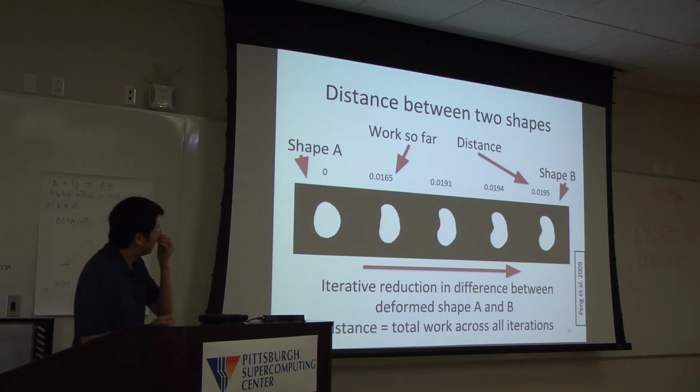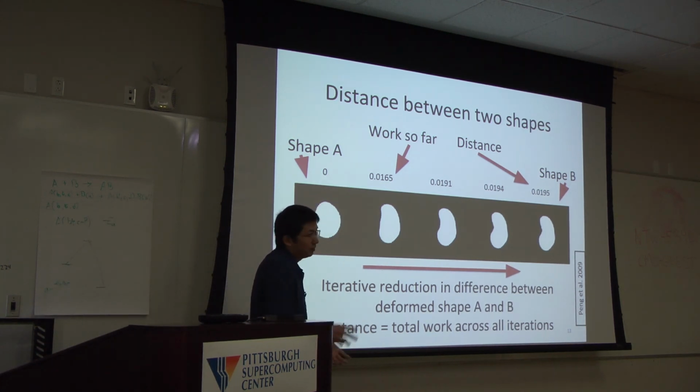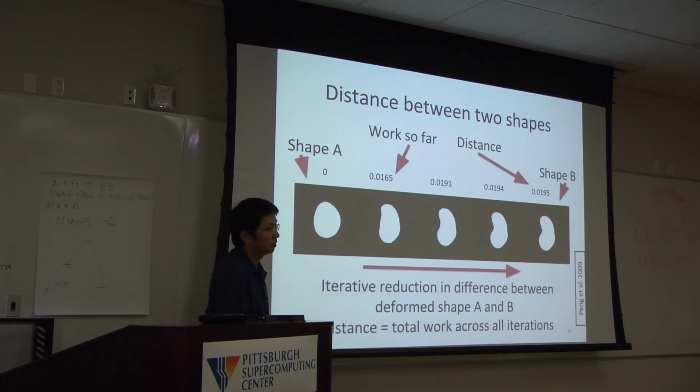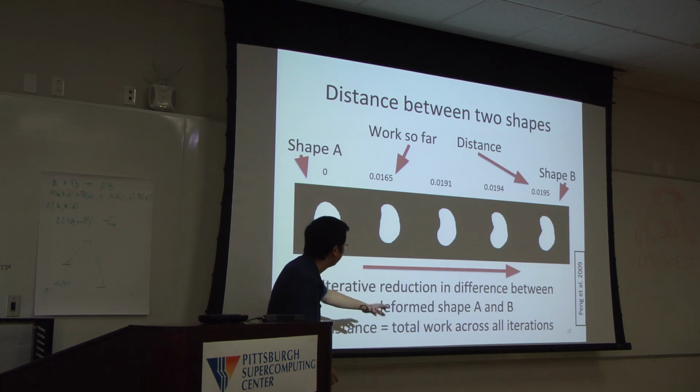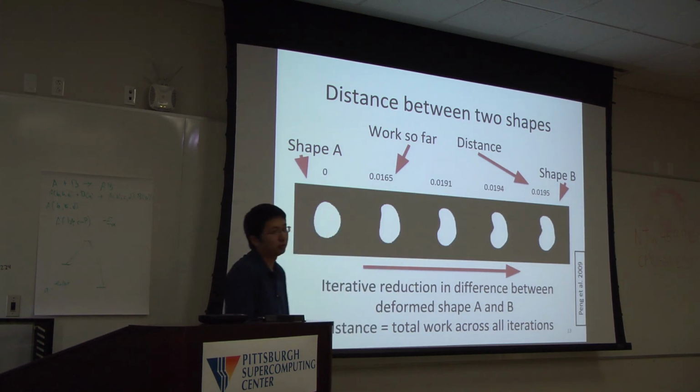Yeah, here is the definition of distance. As I said, it is an iterative algorithm. In every step, it makes some effort to change the shape, and then we define the distance as the total amount of work we need to do across all the iterations.